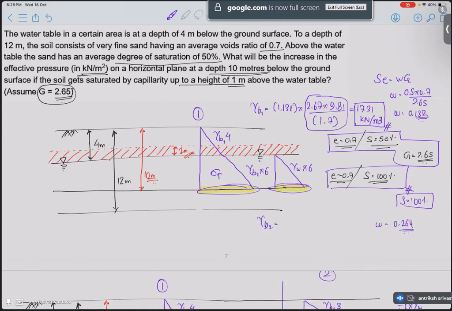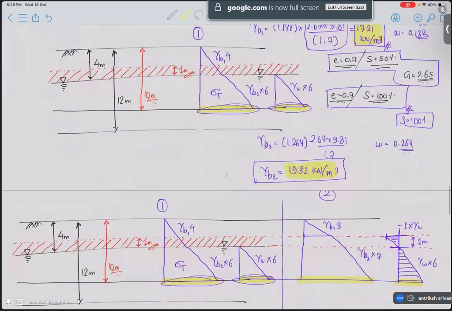And correspondingly our gamma B2 is going to be 1.264 into 2.67 into 9.81 divided by 1.7. So this value is coming out to be 19.32 kilonewton per meter cube, right? Just remember these values. We are going to use these values in the formula below.